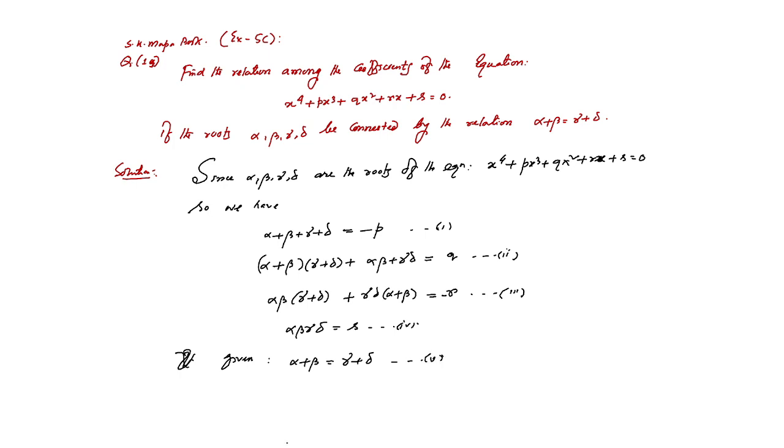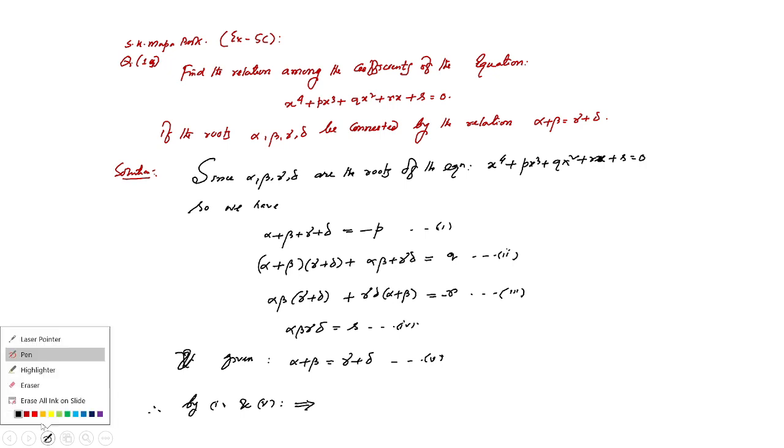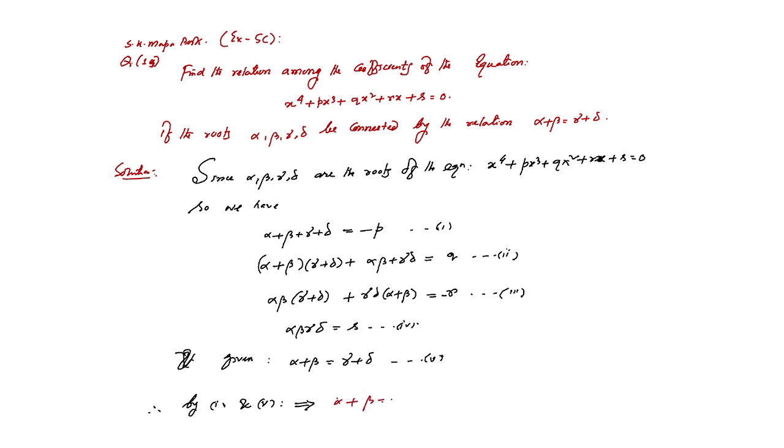So now from 1 and 5, that implies alpha plus beta plus gamma plus delta, and since alpha plus beta equals gamma plus delta, that will be minus p by 2.